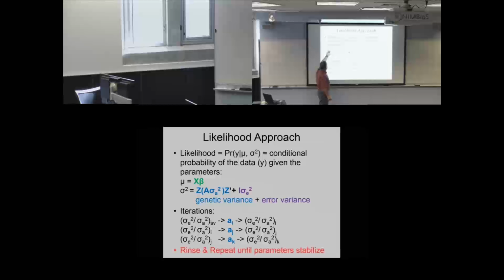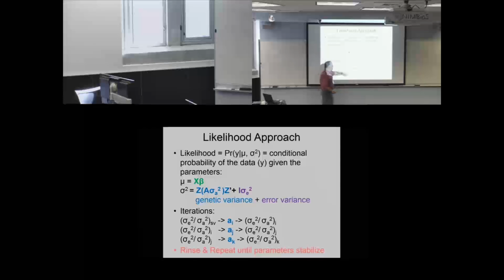The parameter mu is just x beta, the design matrix times the regression coefficients. And the sigma squared is the design matrix Z times the numerator relationship matrix sigma squared A, Z transpose, plus the identity matrix times sigma squared E. So those are the parameters, right?